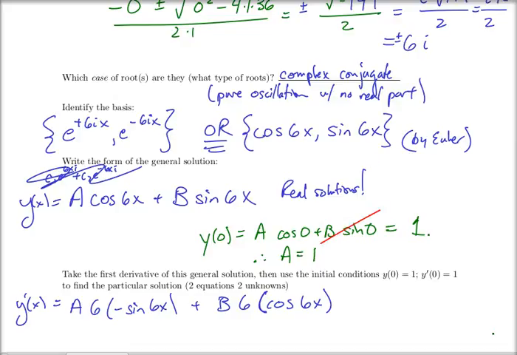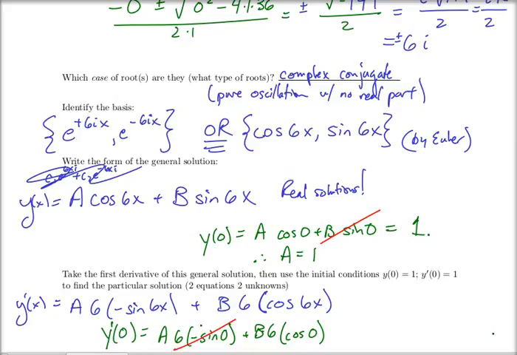And then the next one, this ends up being the easy case. y prime of 0, which again gives us 1. That's going to be A times 6 times minus sine 0 plus B times 6 times cosine 0.